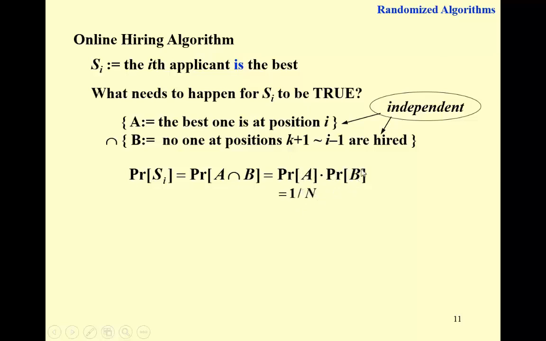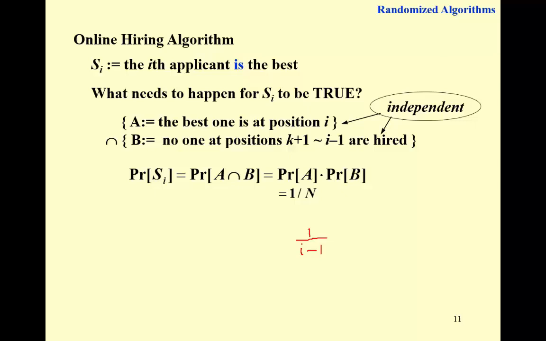How about the probability of event B? What is the probability that one of them is hired? Again, we would have that equally likely assumption. And therefore, for the first I minus 1 positions, the probability of anyone can be hired is just 1 over I minus 1, right? So this 1 over I minus 1 is the probability that any one of them is hired.